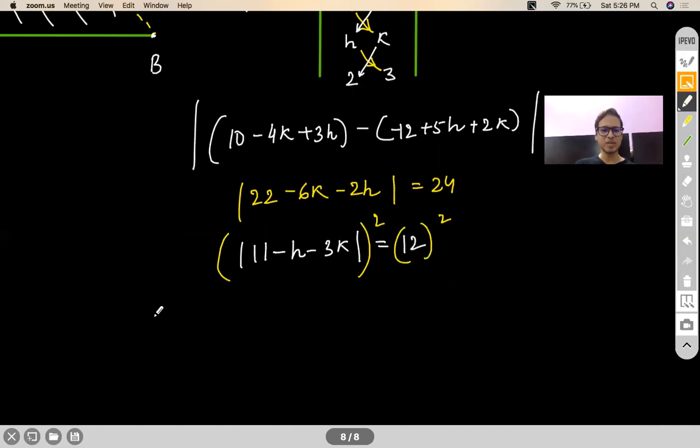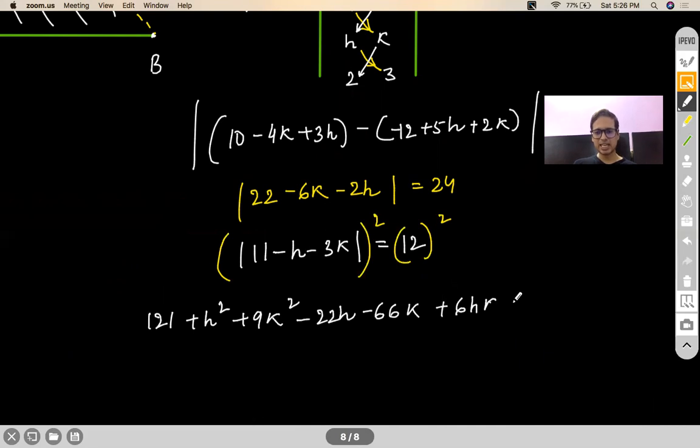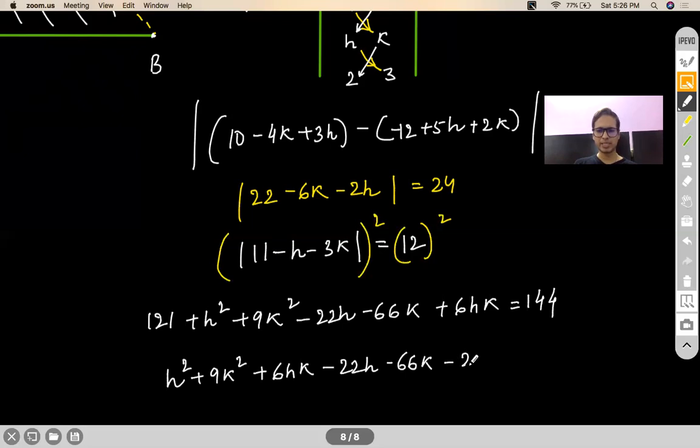When you square both sides, you get 121, h square, 9k square, minus 22h, minus 66k, plus 6hk, and this side I'll have 144. Okay, so let's simplify this. So h square plus 9k square plus 6hk minus 22h minus 66k equal to 23.